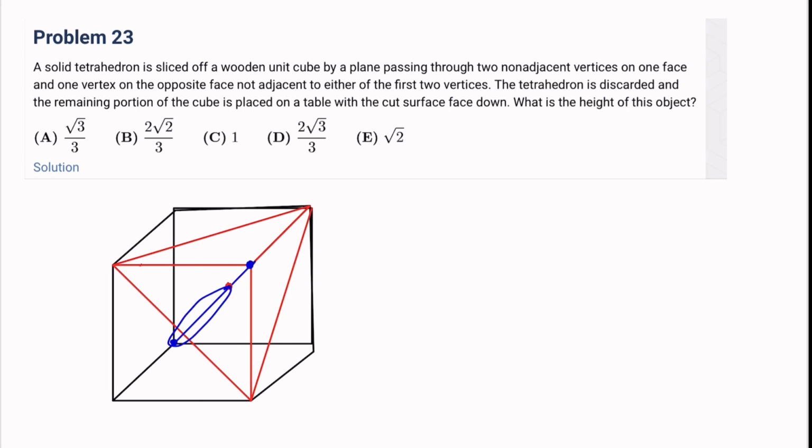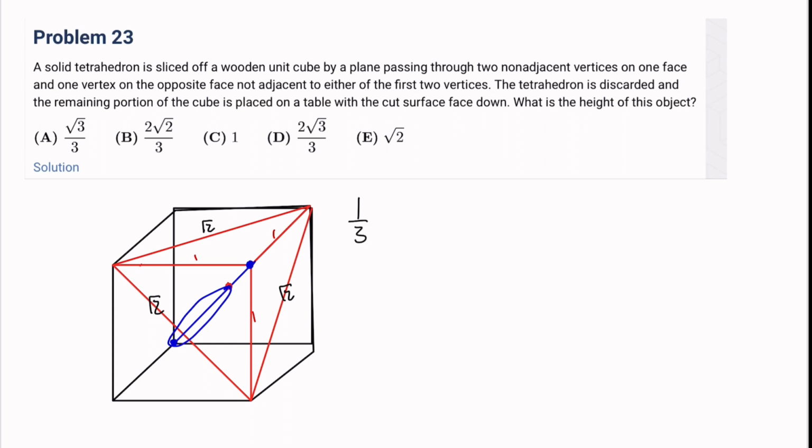And so first, we know that this is 1, this is 1, this is 1, right? And we also know that this is root 2, and root 2, right? And so first, let's take the volume by having this as the base and this as the height, right?